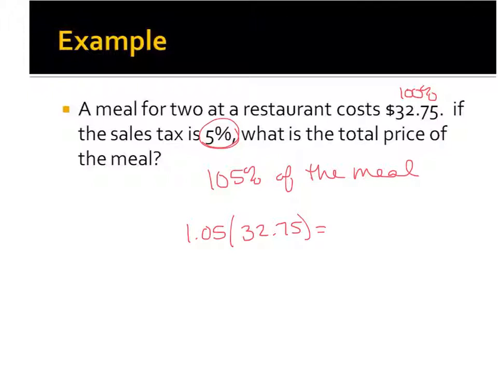So 1.05 times 32.75. Okay, and money, so we round to 2 decimals, 34.39. There we go. So if you can do this one-step way, it really makes it easier. Otherwise, find what 5% would be and add it on. You're just doing a two-step method.